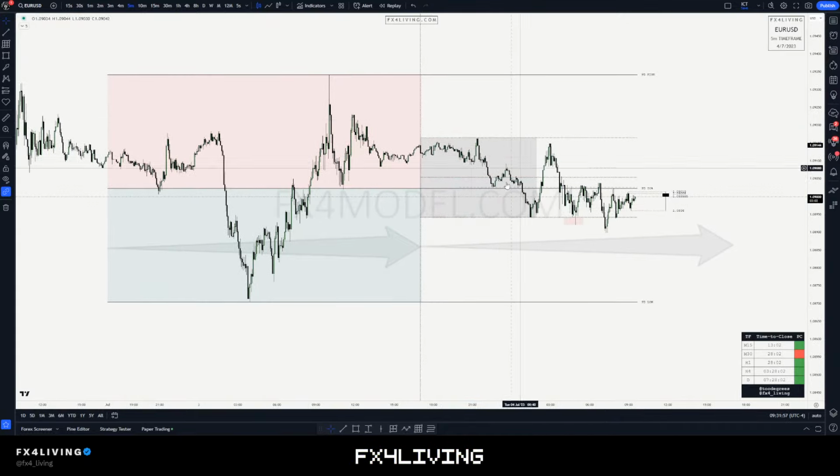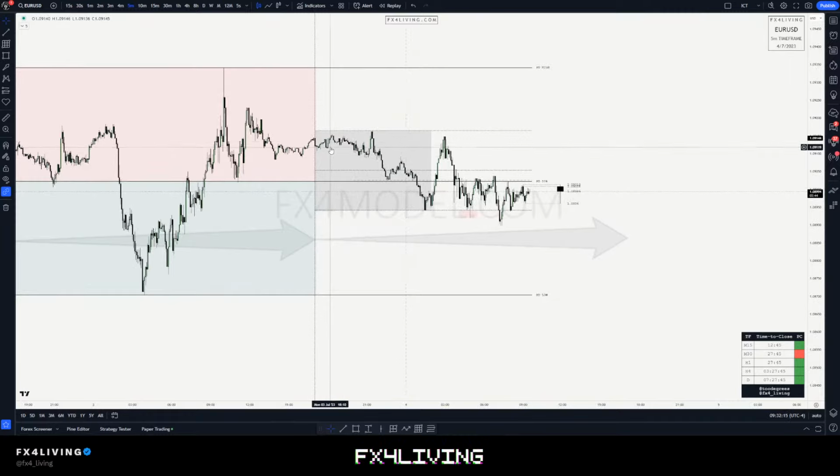I just like to use the previous daily range as my main huge range of discount and premium level, right? Then after, for 9 hours, you have an accumulation. I don't want to trade in this zone because I know that the time is not the perfect time for trading. So I want to let people fight together, accumulating positions.